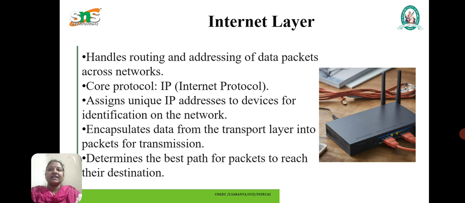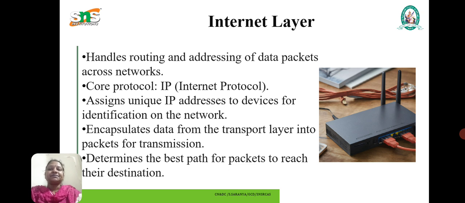Next is the internet layer. The internet layer is the workhorse layer of the TCP/IP model. It is responsible for routing data packets across interconnected networks. The primary protocol at this layer is the Internet Protocol. IP assigns a unique logical address to devices, enabling them to be identified and located on the internet.